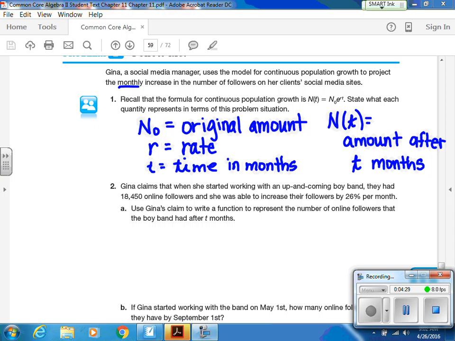Okay, so let's talk about Gina's claim. After T months, so we're going to be using N of T. What was their original amount of followers? And what rate did she say she could increase it?